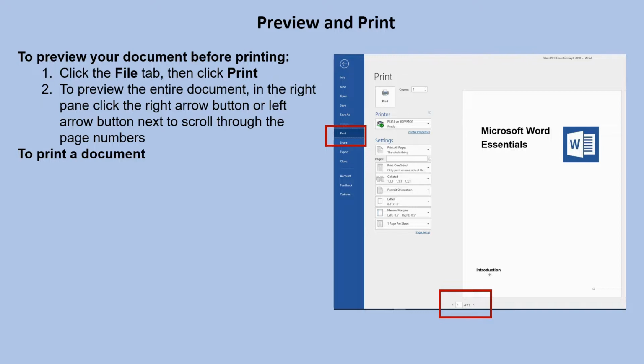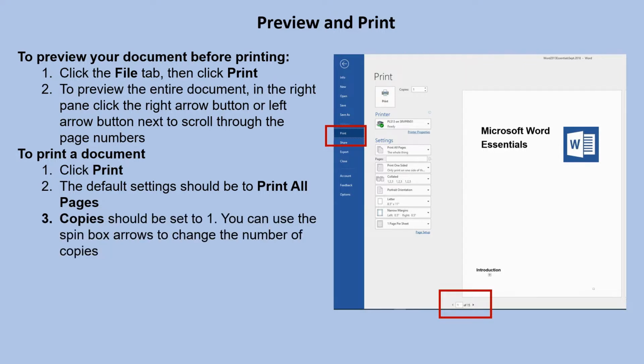When everything is all set and you are 100% ready to print your document, you will click on Print to get back here if you went back, or make sure all your settings are correct. Usually the default setting would be to print all pages, and the copies is set to 1, but you can always change that, and you can print however many copies you want.